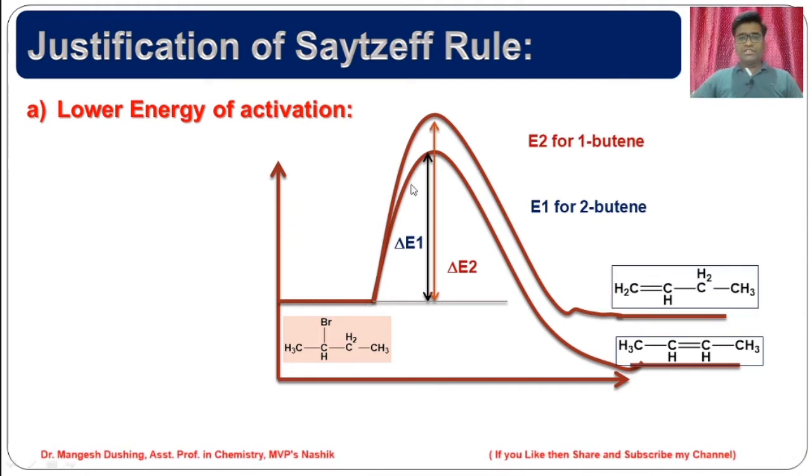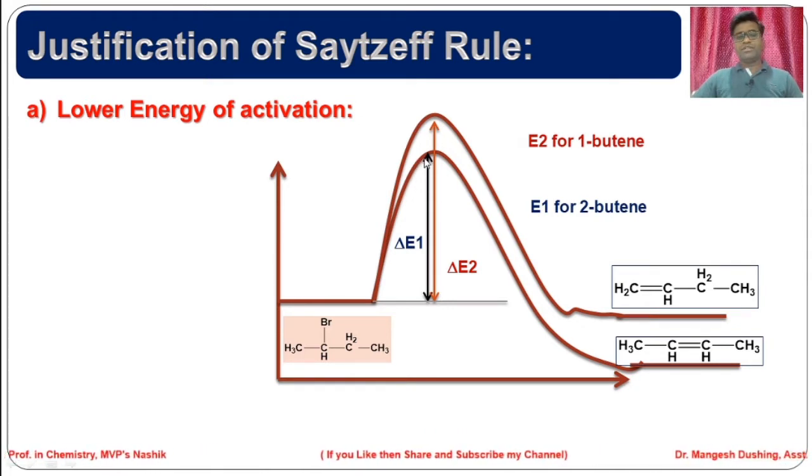The first energy of activation, E1, is less in the case of the more substituted transition state, so your product will end up as 2-butene. For the more substituted transition state, the energy of activation required is less, so this transition state will be attained quickly and we will end with 2-butene as the major product.